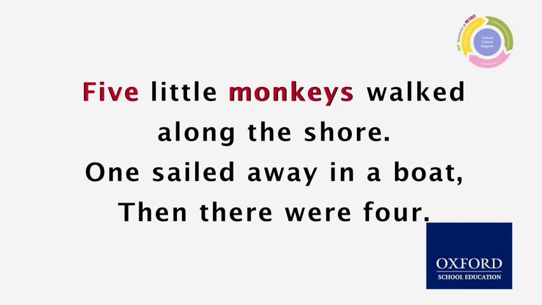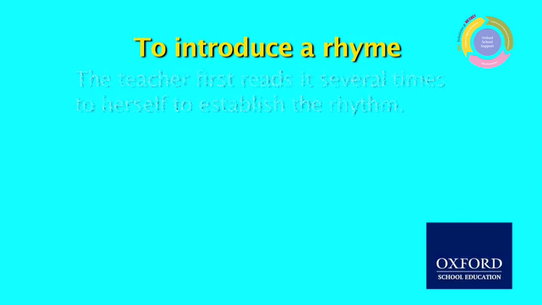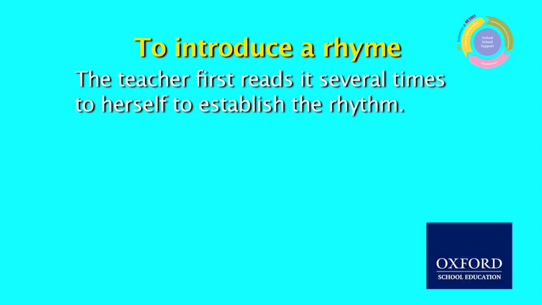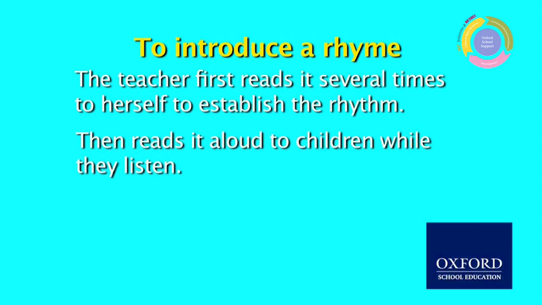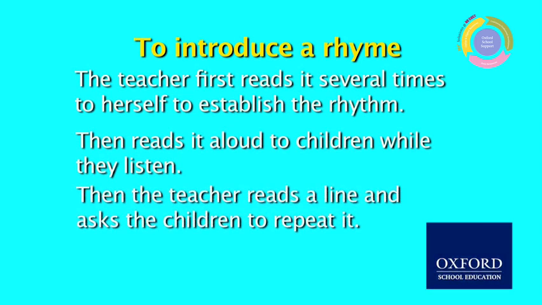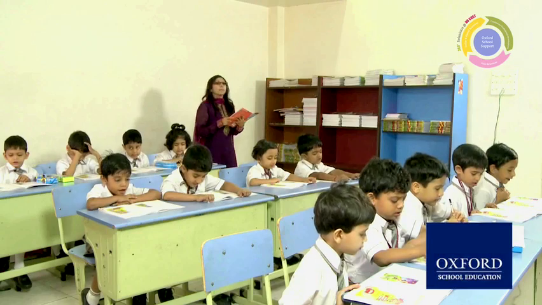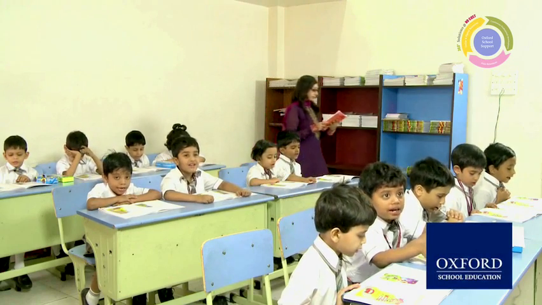5 little monkeys walked along the shore. 1 sailed away in a boat, then there were 4. So when a teacher is introducing a rhyme, she should first read it to herself several times to familiarize herself with the rhyme. Then she should read it aloud to the children while they listen. Then the teacher should read a line and ask the children to repeat it, and so on through the rhyme.